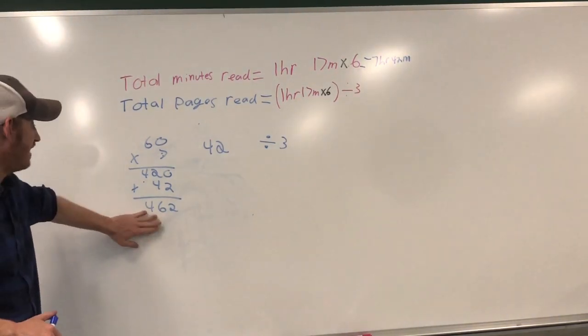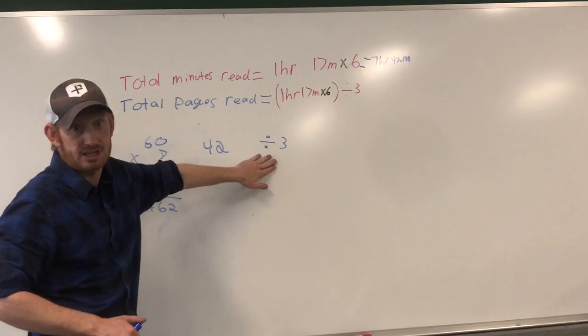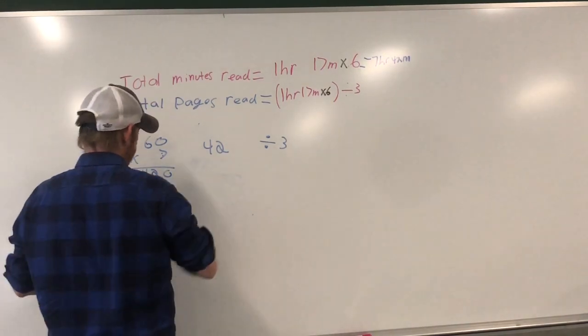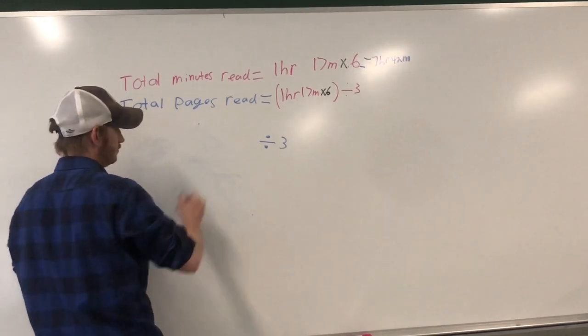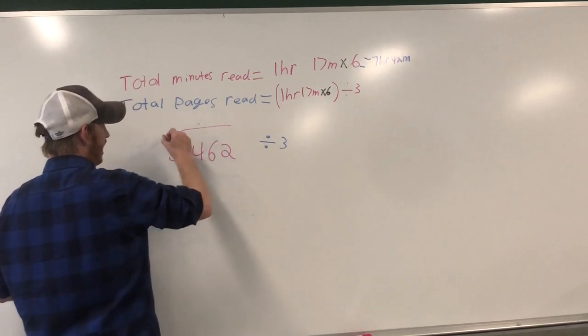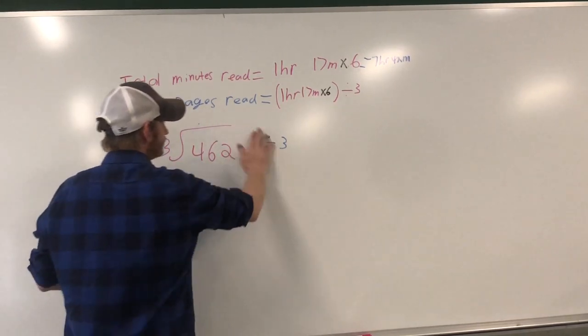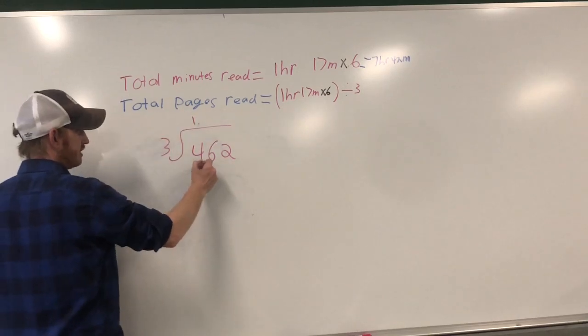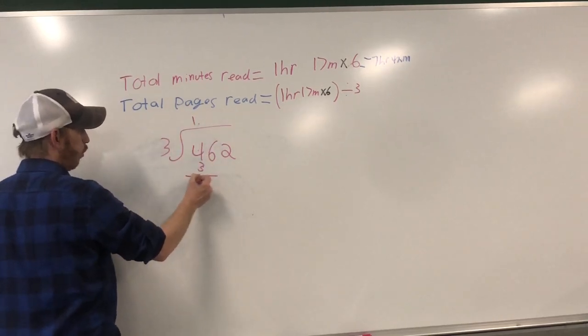Now we're going to divide that number by 3. So our last step is to take our number, 462, and divide it by 3. 3 goes into 4 once. 1 times 3 is 3. 4 minus 3 is 1.